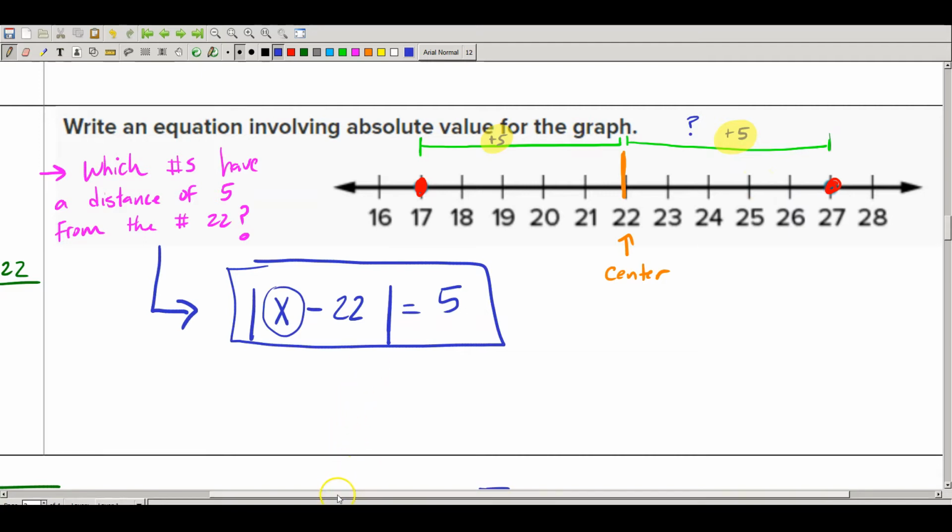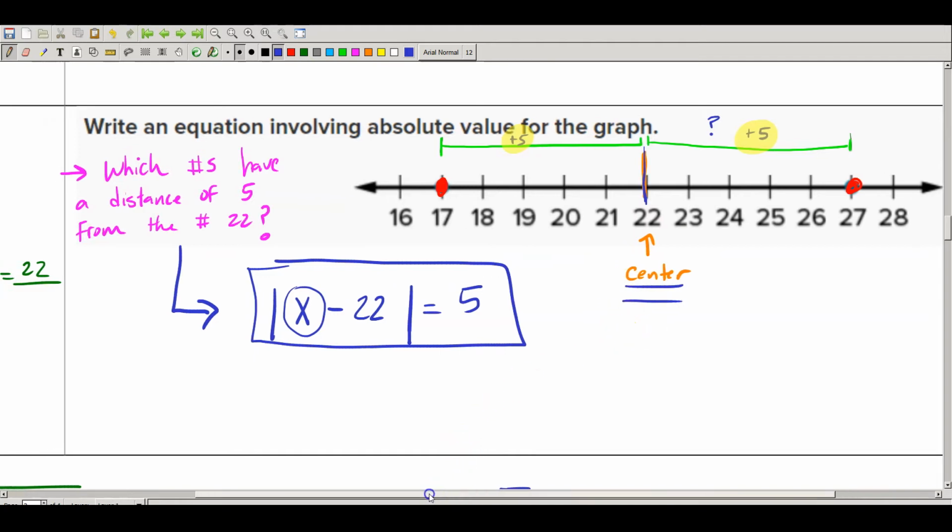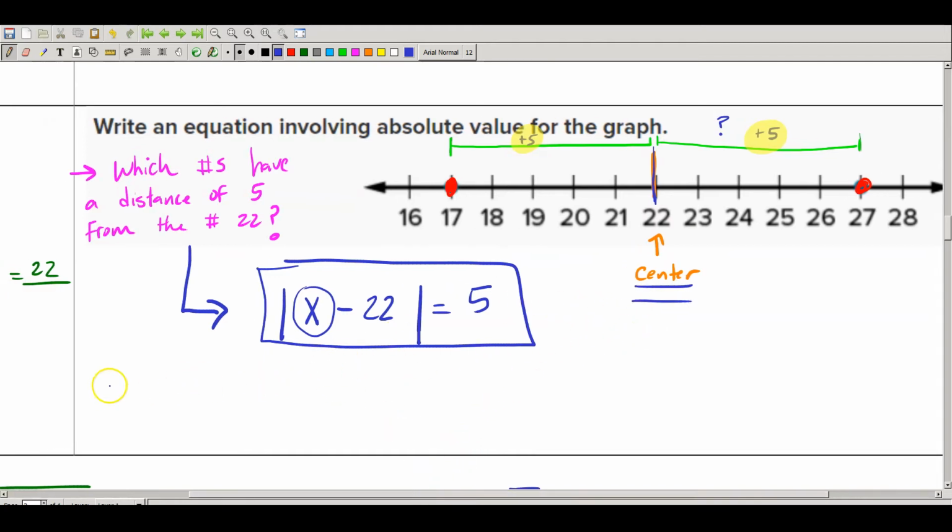So in summary, again, you look at your graph, you look at the two solutions that we have, and if you want to write an absolute value equation, you need to think about what is the center between those two numbers, and that's going to be your center point. Then you're going to write an equation that simply looks like this: x minus whatever the center is equals the distance away.